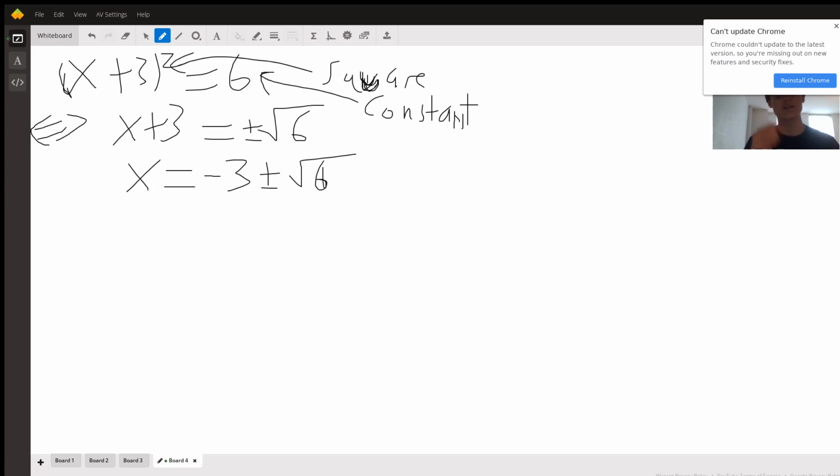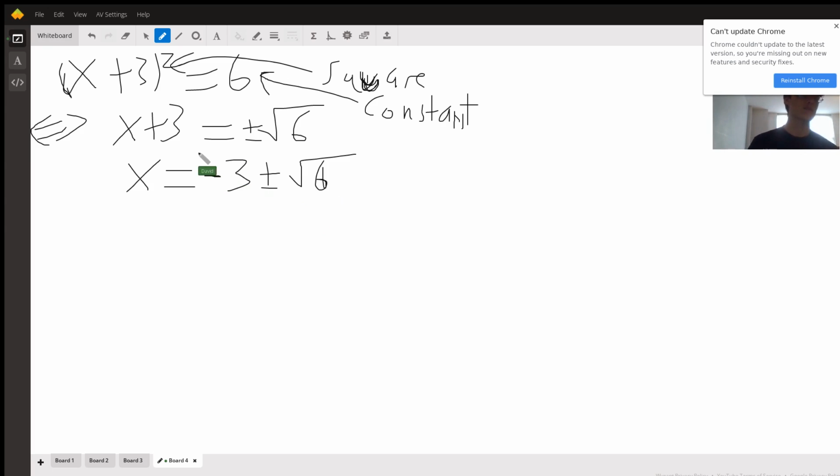This makes sense because if x is either positive something minus 3, or minus something minus 3, then that's the same as saying it's plus or minus something, minus 3. That's basically what's going on here. Whether the sign on root 6 is positive or negative, we get that x is minus 3 plus that root 6 with that sign.